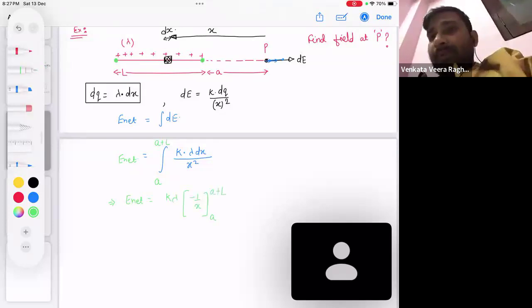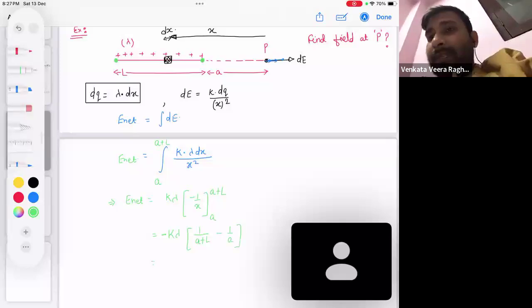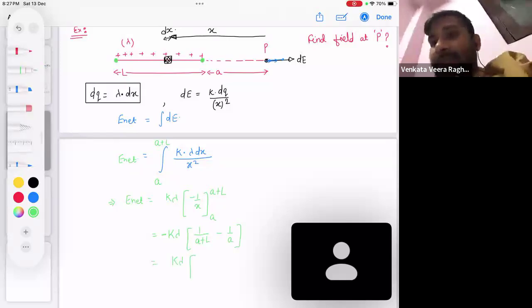Now let's put the limit a to a plus l. So k lambda, minus outside. Upper limit if I put, 1 by a plus l, minus lower limit if we put, a will come. So what we have is k lambda, let's send the minus inside. So 1 by a minus 1 by a plus l we can write.